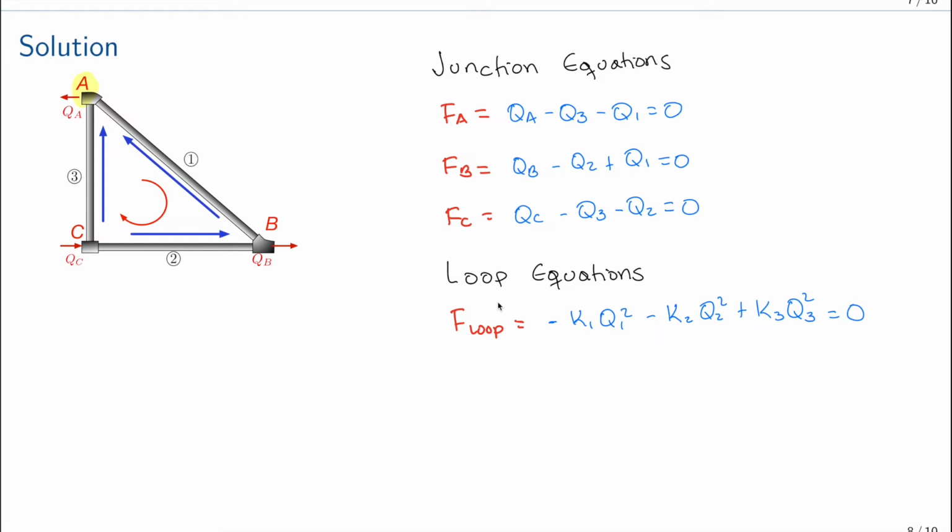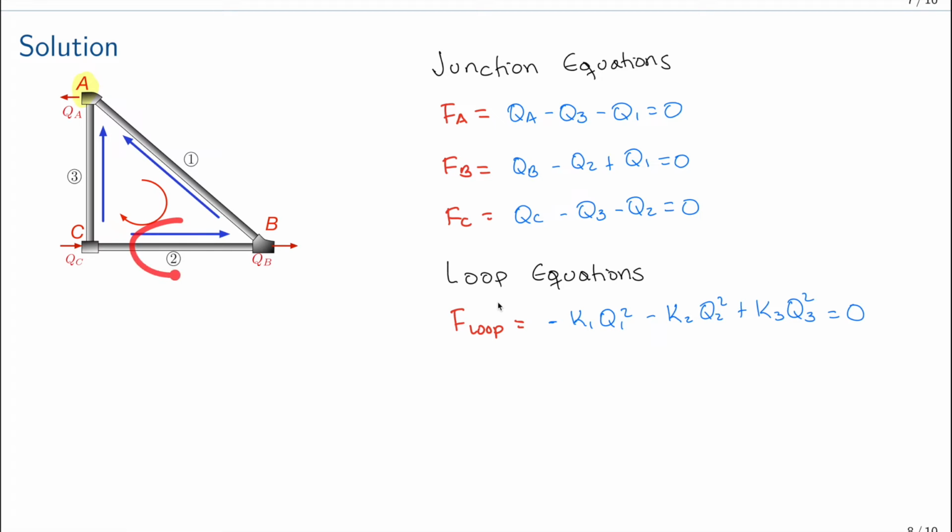Now the loop equation. So we are going to start with this section. The direction of the flow in the pipe that we assume is opposite to the direction of the loop, so the sign is negative, and so the pipe constant is K1 multiplied by the flow rate in pipe 1 squared.